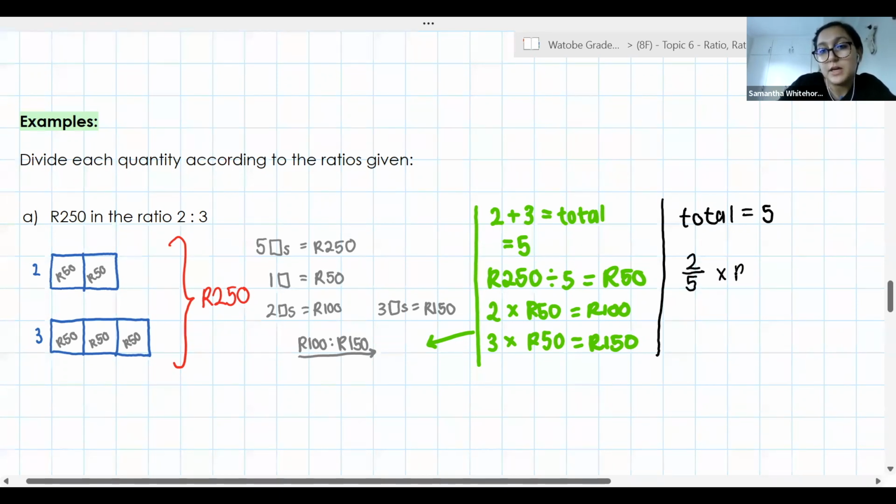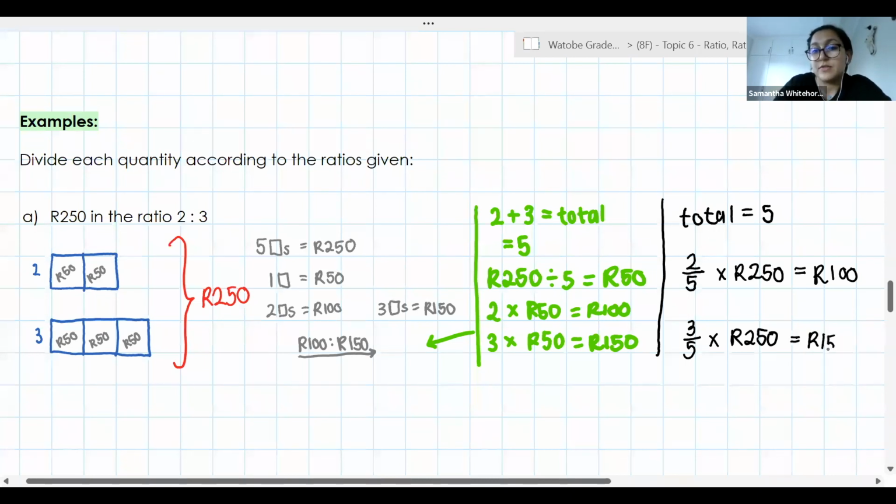That must now be in relation to our 250 Rand. Now this is taking us back to fractions. If you say 2/5 times 250, you get 100 Rand. We also know that we've got the 3 parts out of 5 of the 250 Rand. And if you say 3 over 5 times 250, you get 150 Rand.